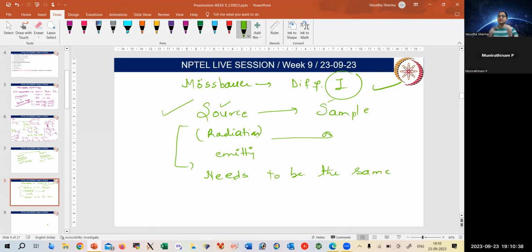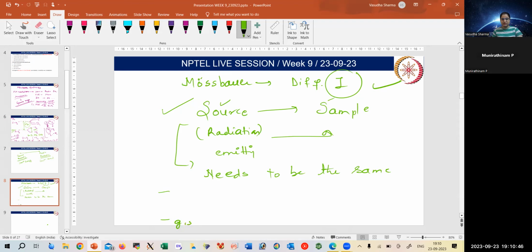And then when source and sample are the same, we saw that, say for example, I have two states here, the ground state and the excited state. This is in case of the source. And here, this is the excited and ground state for my sample, right?